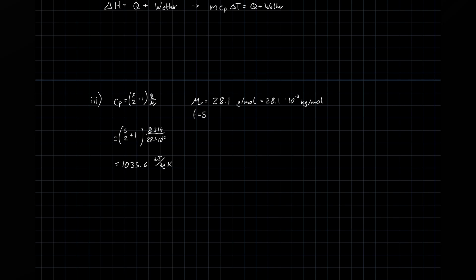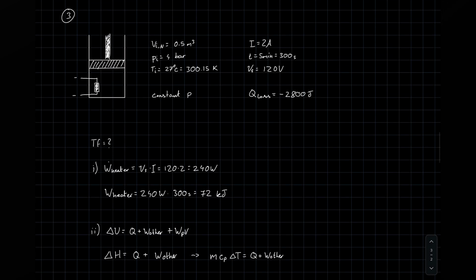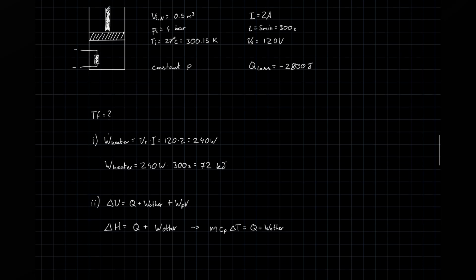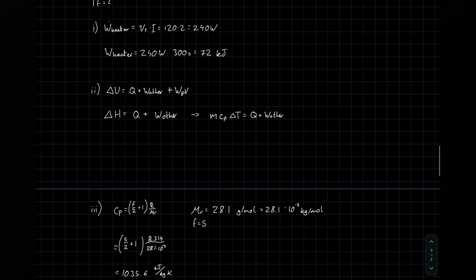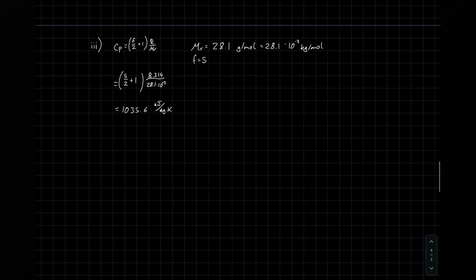And the reason why we're dividing by the molar mass in the first place is because R, the ideal gas constant, is in joules per mole Kelvin. But we're going to be dealing with kilograms because we were given a volume, and generally it's easier to work with kilograms than with moles, I think. So this makes it nice and easy.